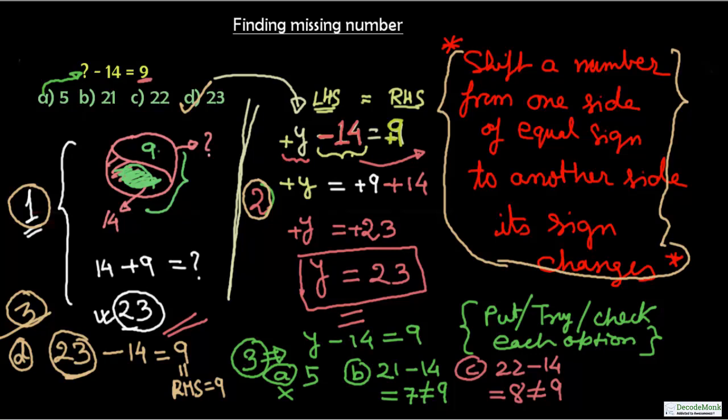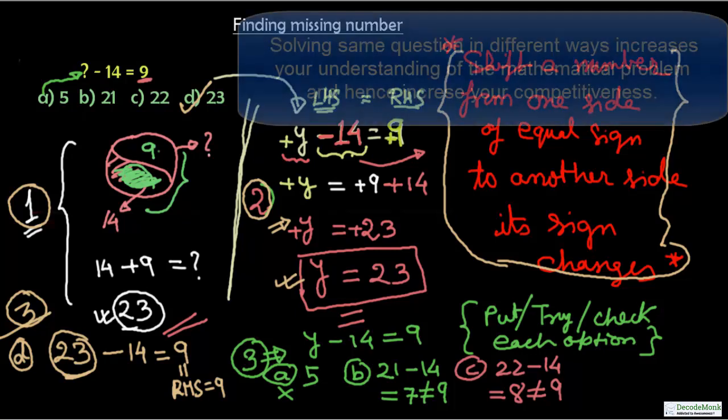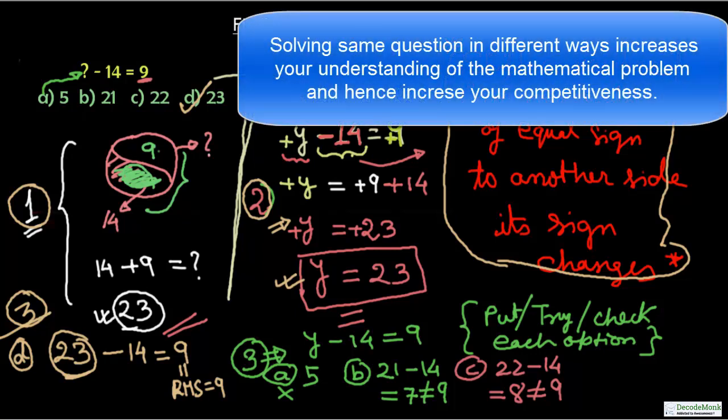The only thing you have to know here is that you have to put the unknown number on one side of the equation and do all the calculations on the other side, so that you can ultimately find the value of the unknown number. And the third way is by plugging in each of the options in place of the unknown number and checking which option fits into the equation.